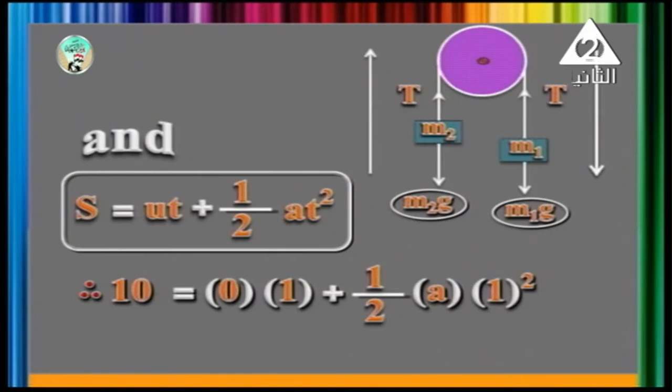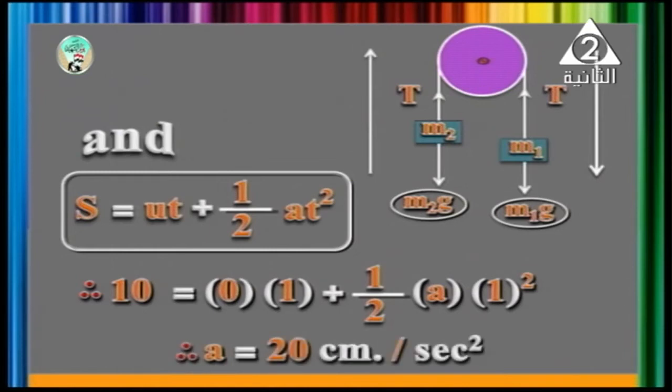Then find the value of acceleration by substitution: 20 centimeter per second square. This is the acceleration of motion of the system of the two masses.